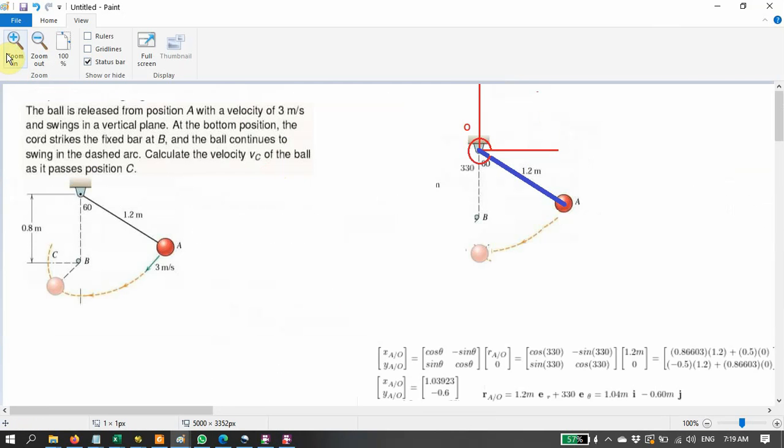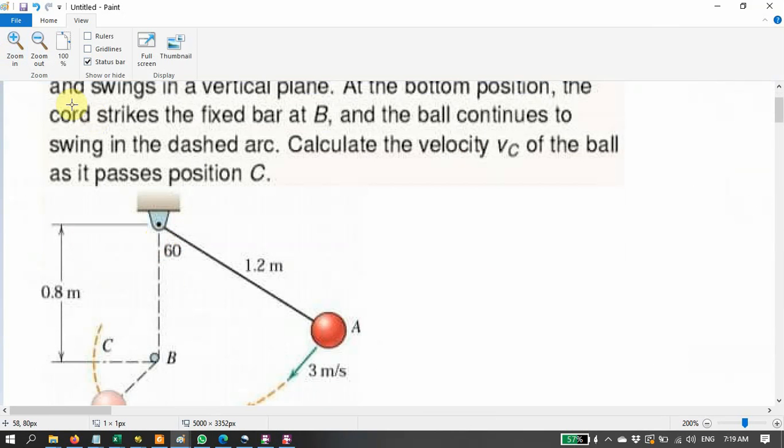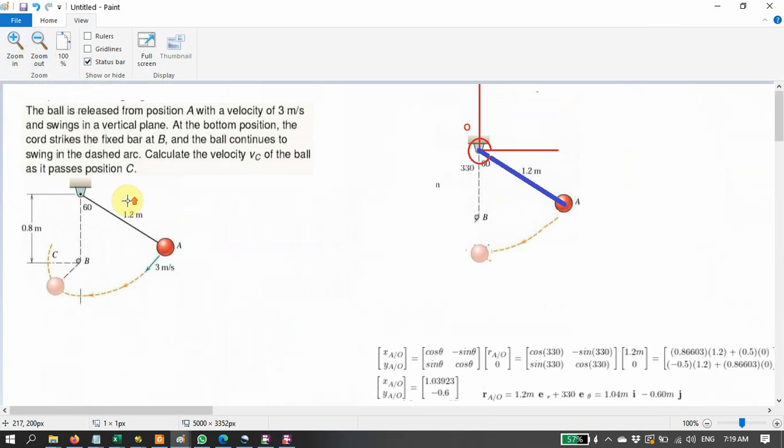Right, so let's read some of the problem here. We have a ball released from position A with an initial velocity of 3 meters per second, and it will swing back and forth in the vertical plane.